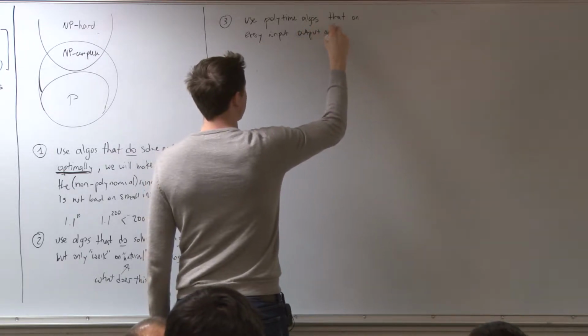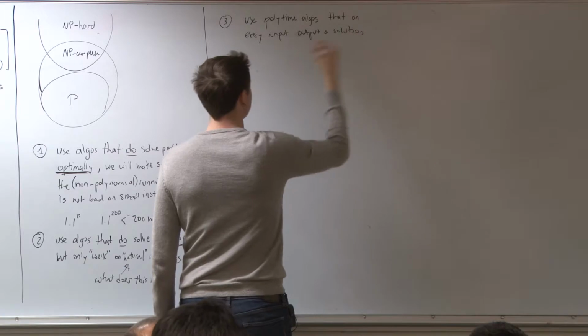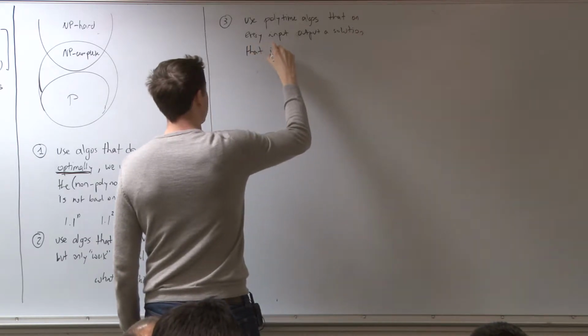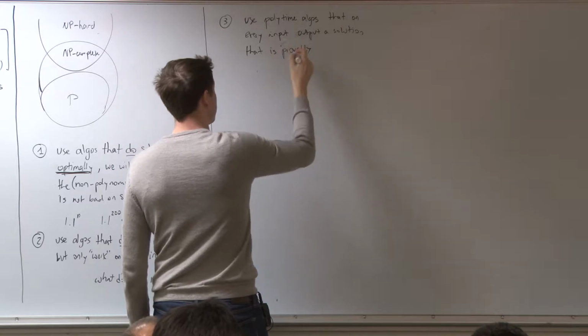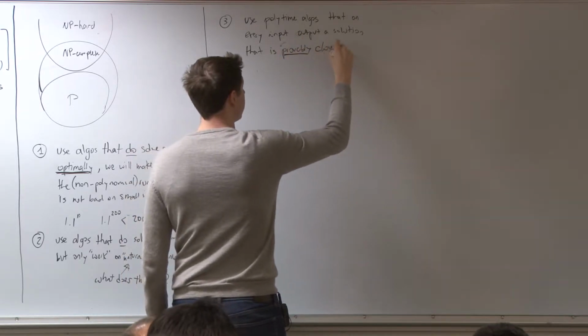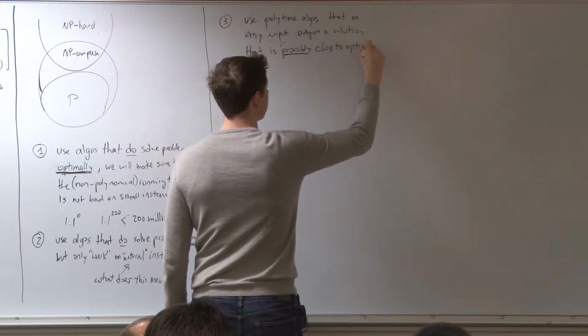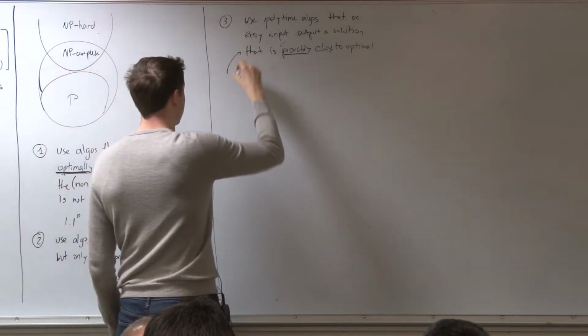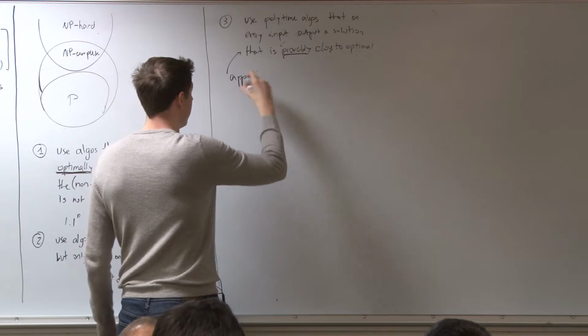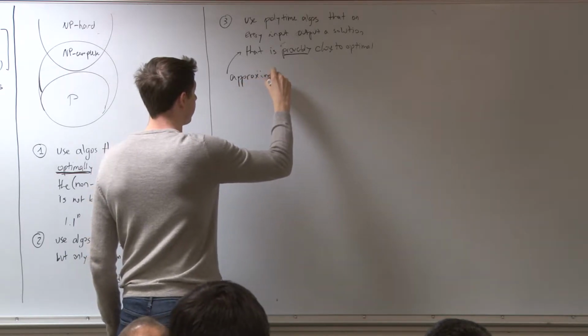output a solution that is provably close to optimal. Okay? Such algorithms are known as approximation algorithms. Why? Because they approximate the optimal solution.